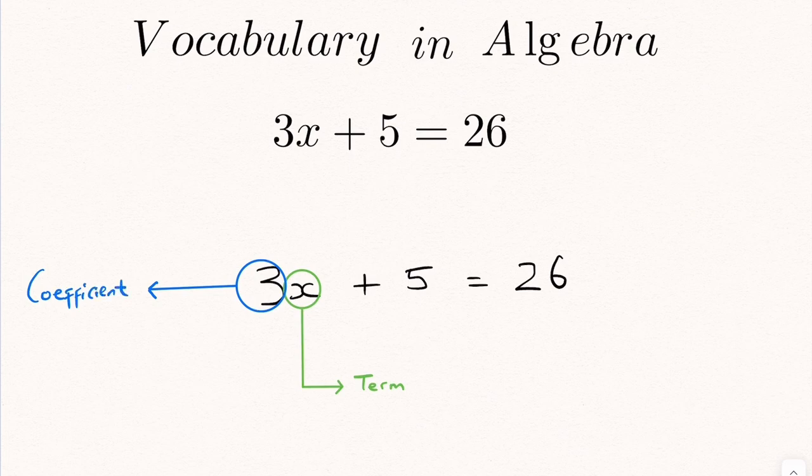Now this 3x is what's combined together. 3 plus x makes it the 3 combined to the term. The coefficient when combined to a term makes it a variable, because a variable is anything that can change. It could mean 3 apples, 3 boxes, or 3 whatever.